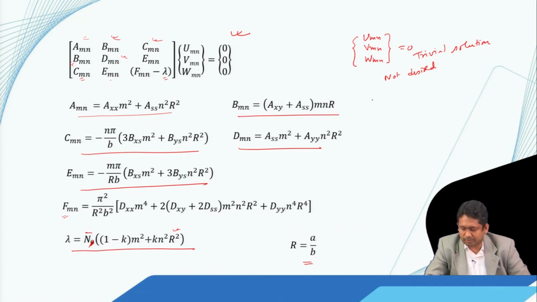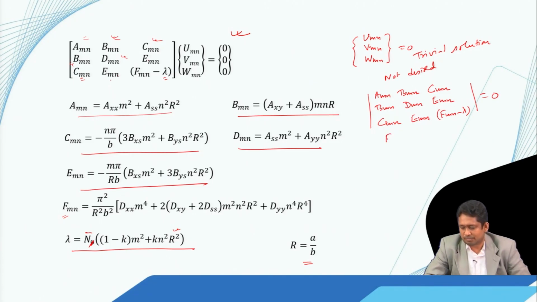So what we want is, for a non-trivial solution to exist, this matrix of AMN, BMN, CMN, BMN, DMN, EMN, CMN, EMN, and then FMN minus lambda. So the determinant of this matrix has to be 0 for a non-trivial solution.